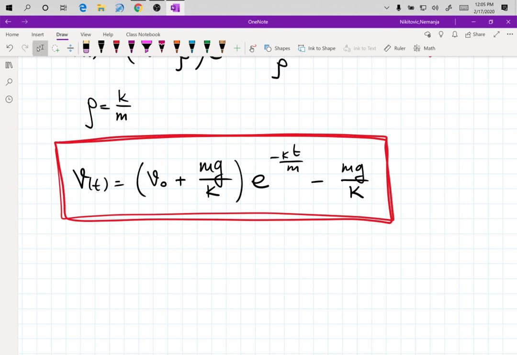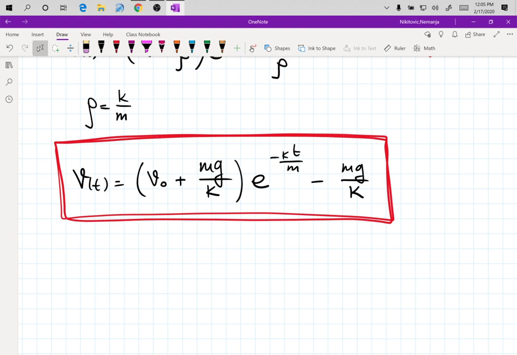All right. So now we have the equation, and we cannot have infinite velocity.